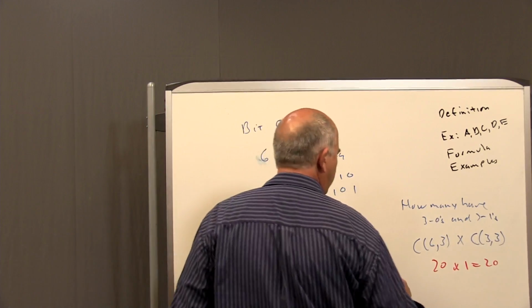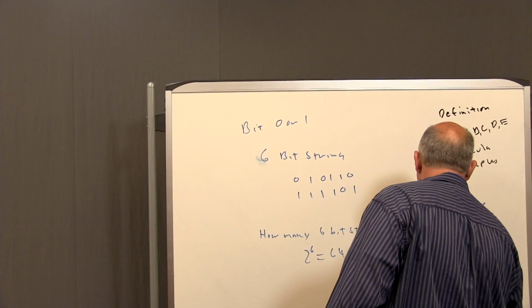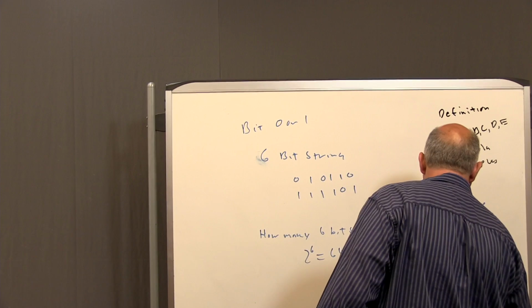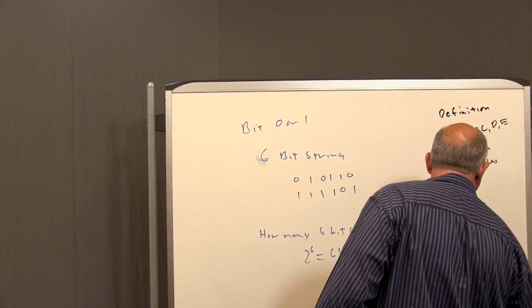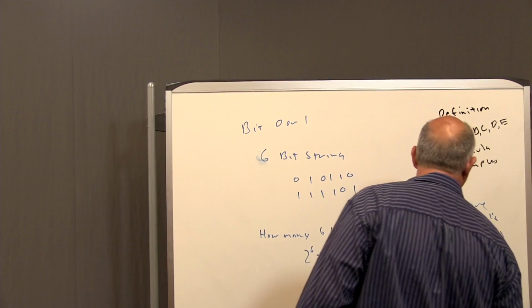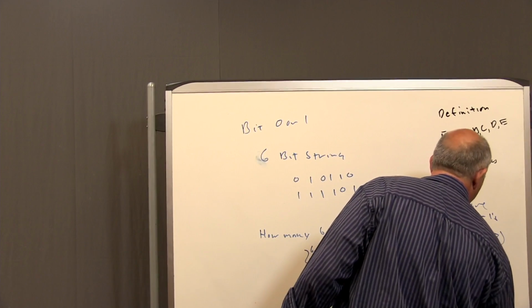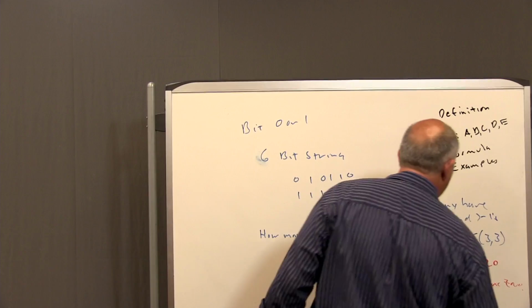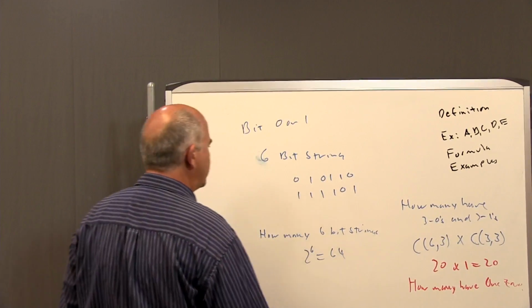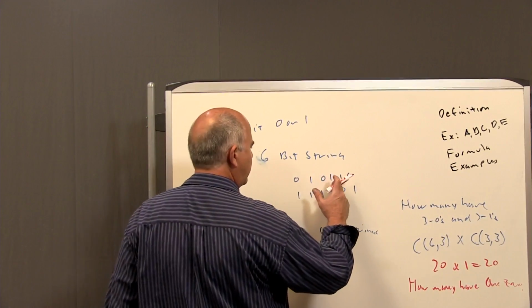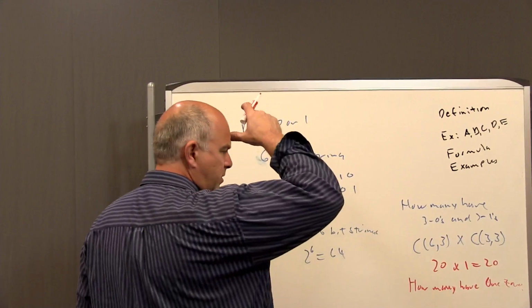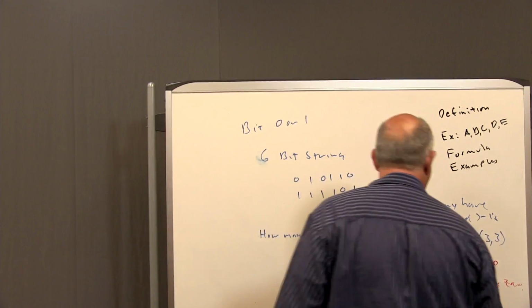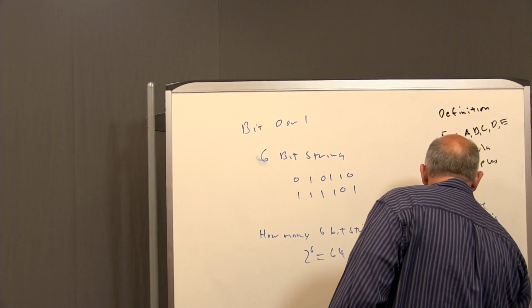How many have only 1 zero? So how many have 1 zero? That means your zero is here, or here, or here, or here, or here, or here. There's 6 different places for that. So you're going to choose a place for the zero.